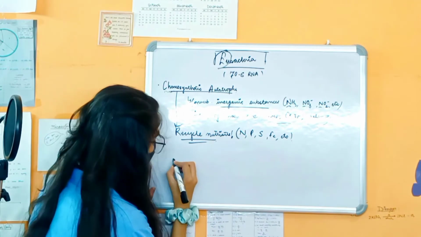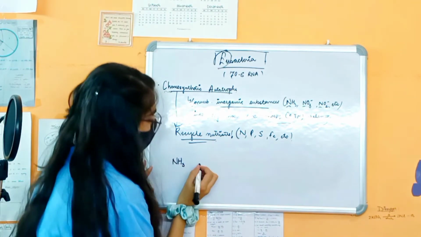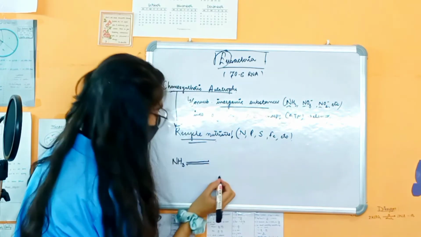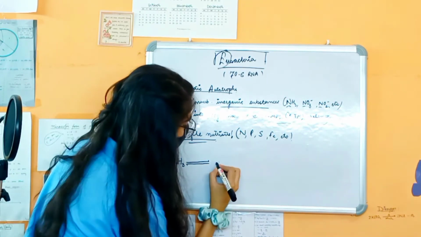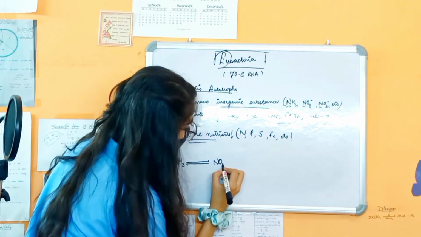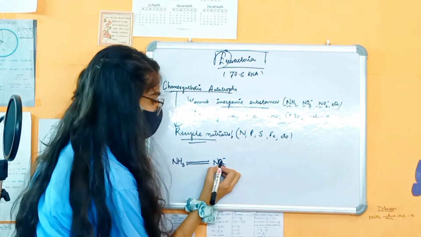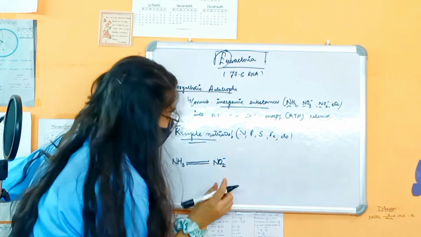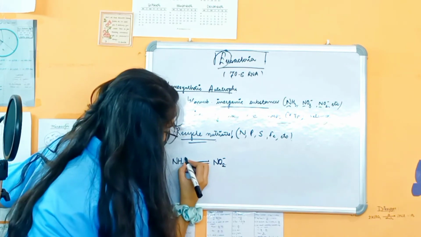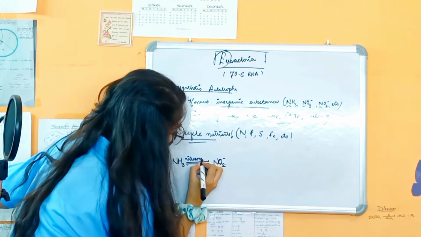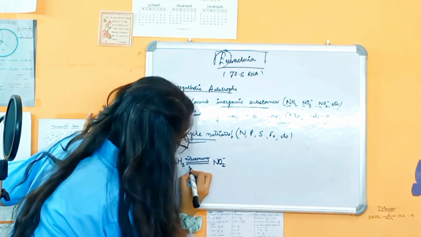We all know about the nitrogen cycle occurring in our environment. How does this work? First we have ammonia. This is a reversible process and it forms nitrite first. This is carried out by Nitrosomonas and Nitrococcus.